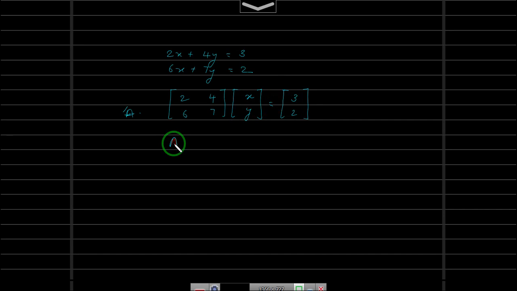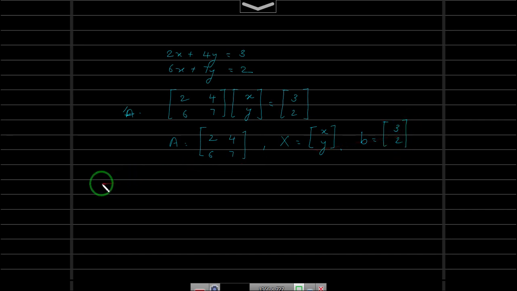In this case, the matrix A is nothing but [2, 4; 6, 7]. This is the coefficient matrix. The matrix X, the unknown variables, is x, y, and the matrix B in this case is 3 and 2. Okay.